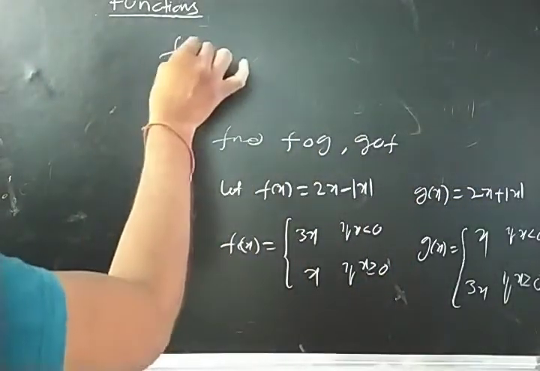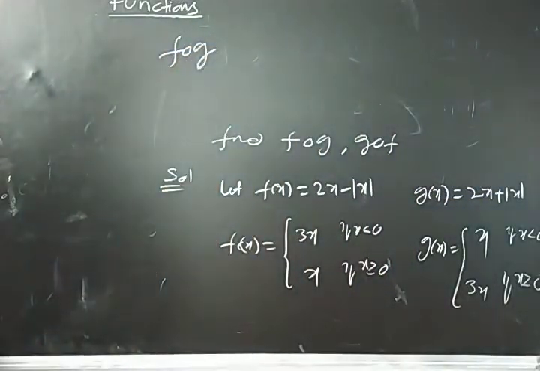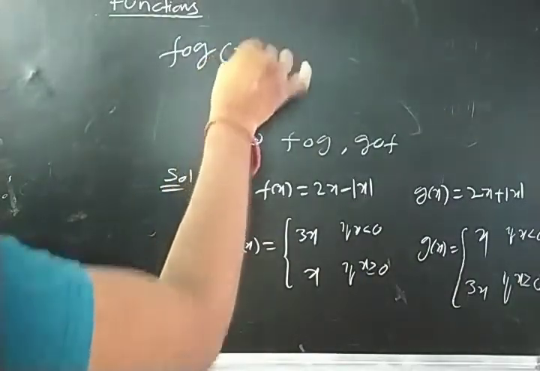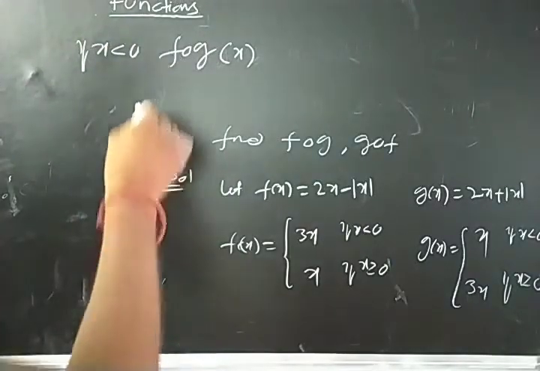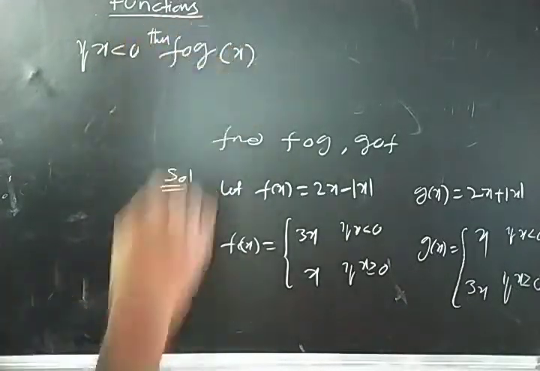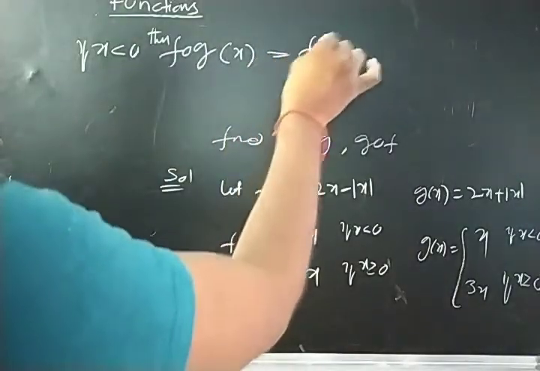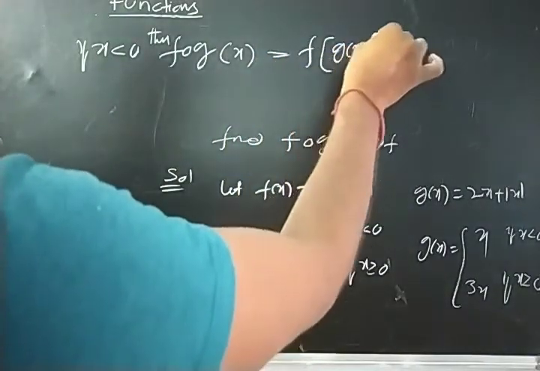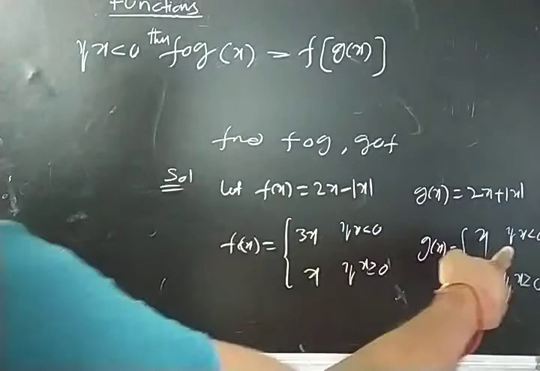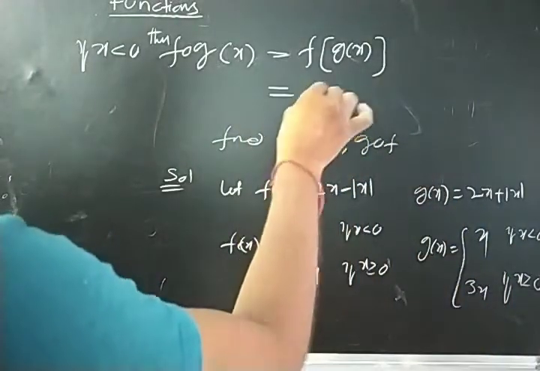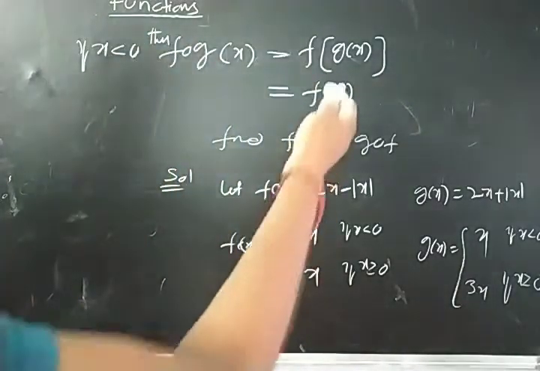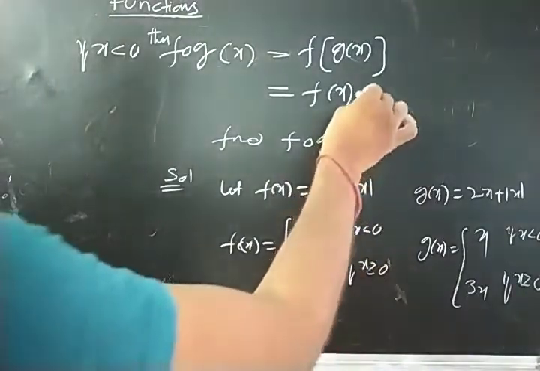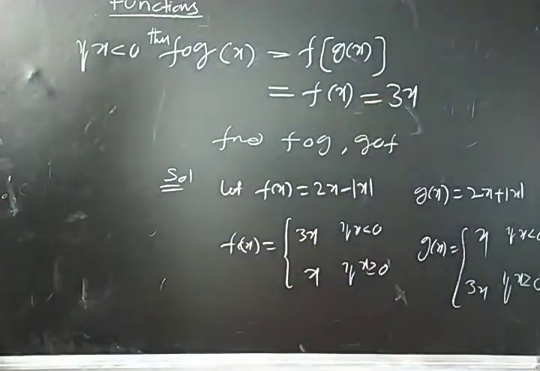The definition of f circle g. I am substituting x. If x is less than 0, then I am finding the definition of f of g of x. If x is less than 0, g of x is x. I got f of x. If x is less than 0, f of x will be 3x. So the definition is 3x.